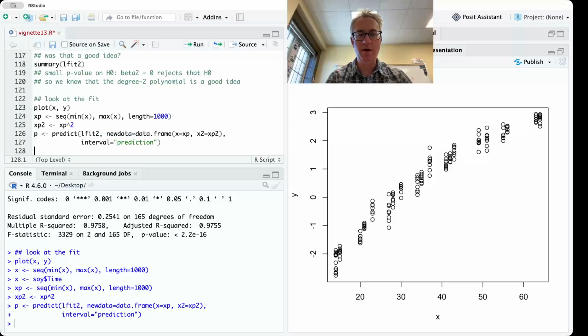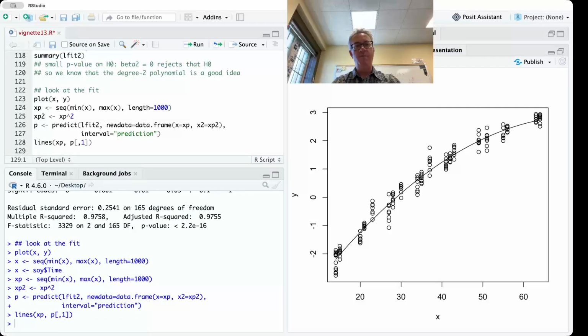Okay, now I can do lines and only put in the xp's here. The xp2s are felt through the prediction, but I only want to make a plot that has x on the x-axis and y on the y-axis. So I'm only putting the x's in, but I'm going to take the first column from the prediction.